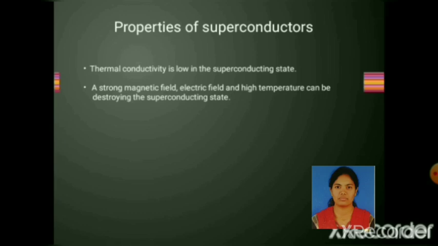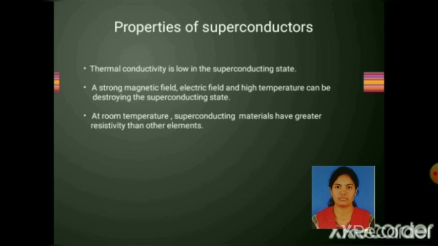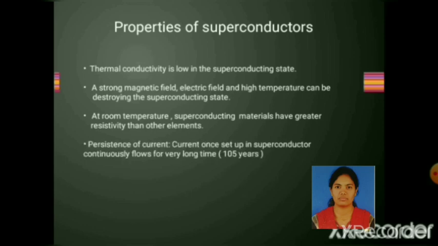Now when a material is kept in a very strong magnetic field or very strong electric field, or at high temperature, they can destroy the superconducting state of the material. At room temperature, superconducting materials have greater resistivity than other materials.